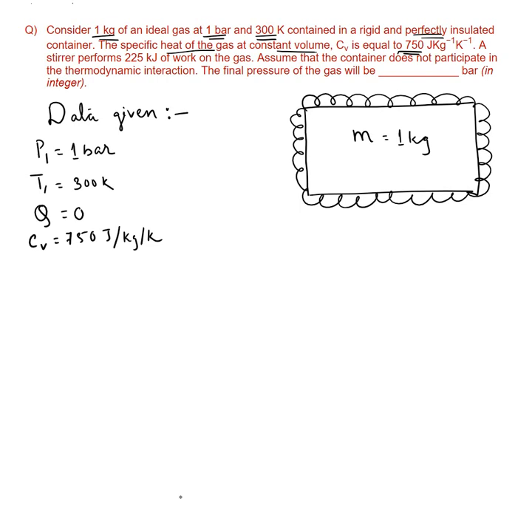Next, a stirrer performs 225 kilojoule of work on the gas. So just remember, this is on the gas. It means work done on the gas. So let's say this is a stirrer which performs some work on this gas. As it is work done on the system, we consider W equal to minus 225 kilojoule.